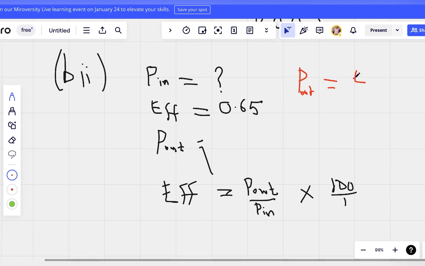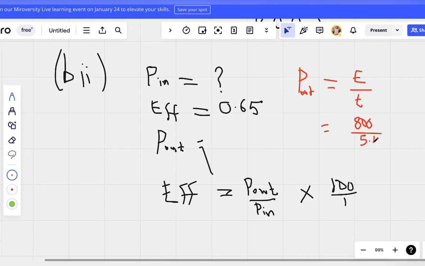This output power is equal to our energy, which is 800, divided by 5.4. 800 divided by 5.4.